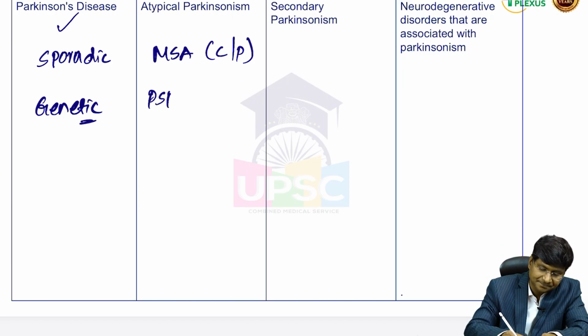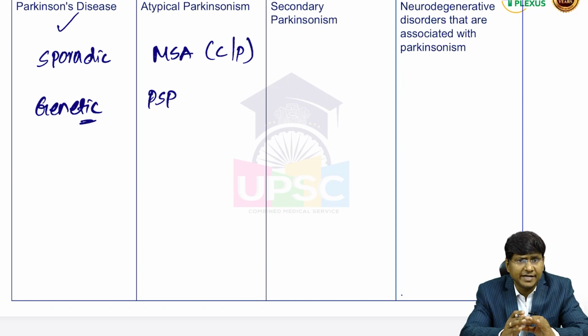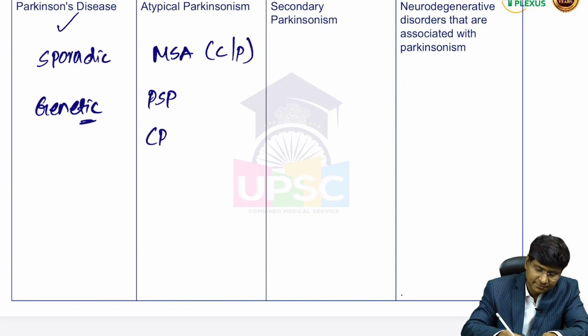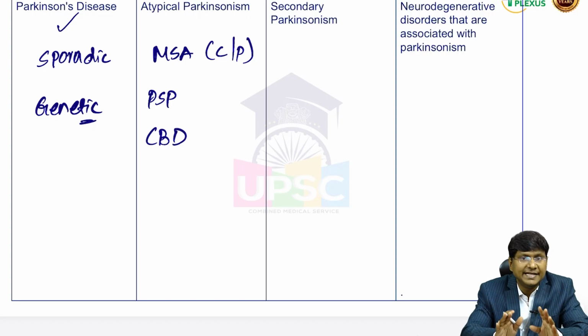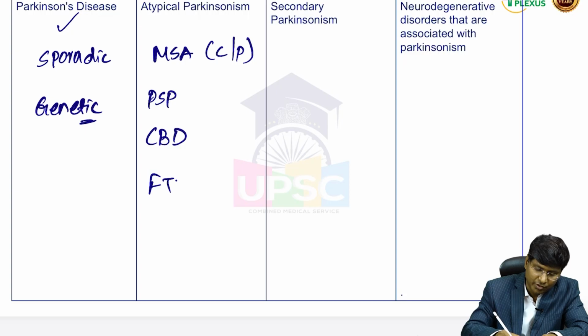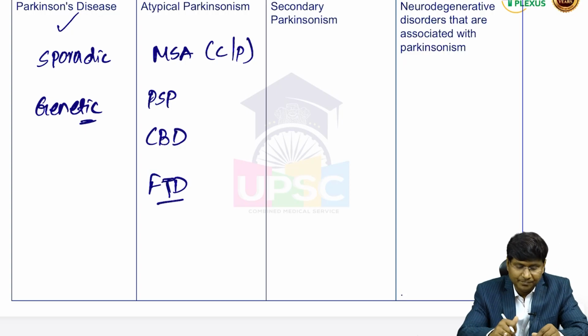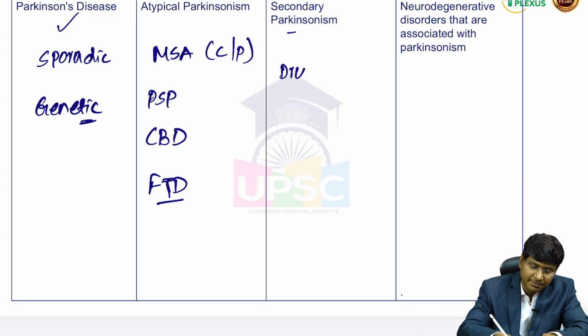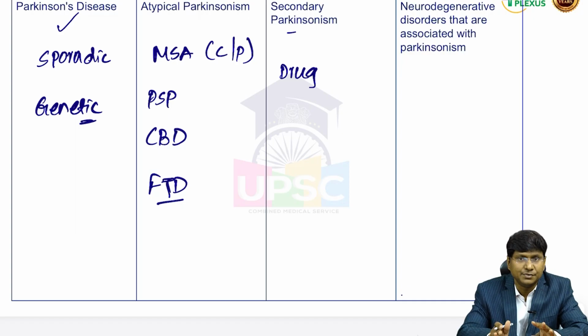And the next one is progressive supranuclear palsy, then corticobasal degeneration or corticobasal syndrome, then frontotemporal dementia. So these are the types in case of atypical Parkinsonism. Secondary Parkinsonism, most commonly, is drug induced.